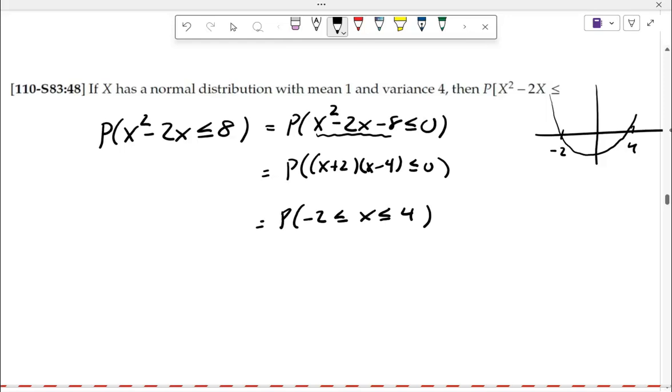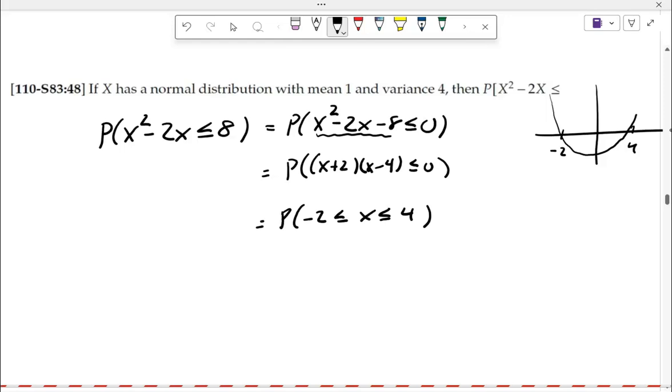Now, does that look like a normal distribution problem? Okay. So I'm interested in knowing when the product is less than 0. Well, that's the same as making sure that this is below the x-axis as a graph, right?